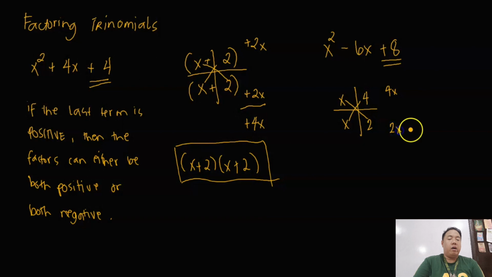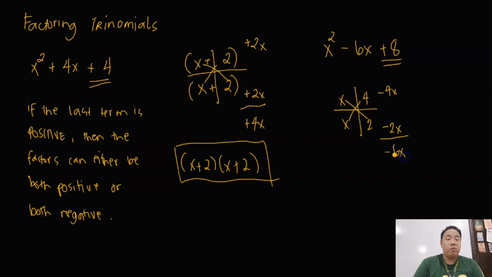Very good. O, ano daw po magiging sign? Both positive or both negative? Dahil negative yung middle term natin, both negative po ang kukunin natin. Ang tanong, under addition of integers po ulit, what will be the result of having negative 4x and negative 2x? Negative 6x.